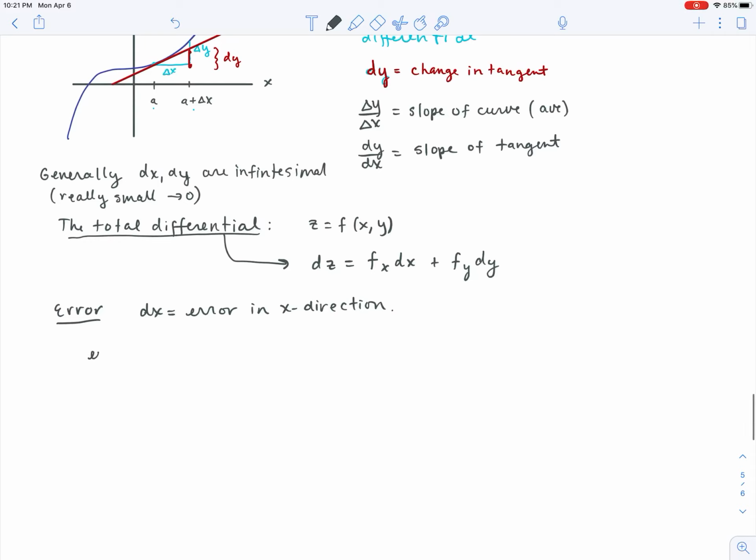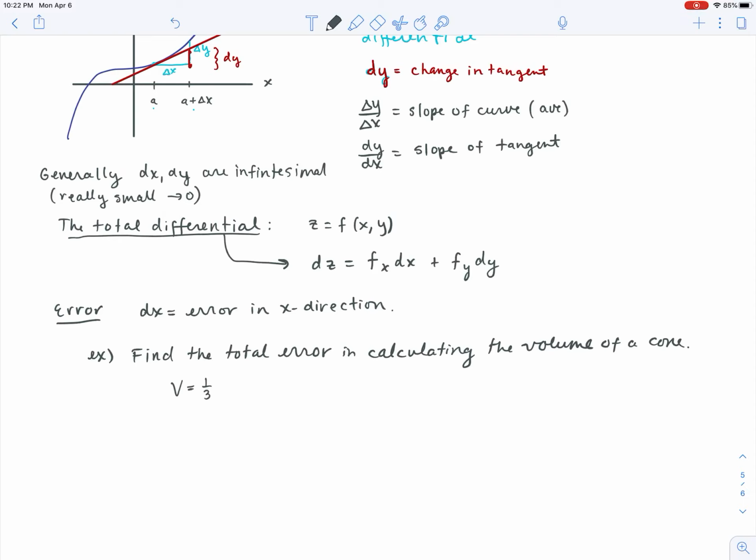So let's just take a look at a quick example of how you would use differentials to calculate error. You may have seen this in physics before. So if you're finding the total error in calculating the volume of a cone, we start with the formula for volume.